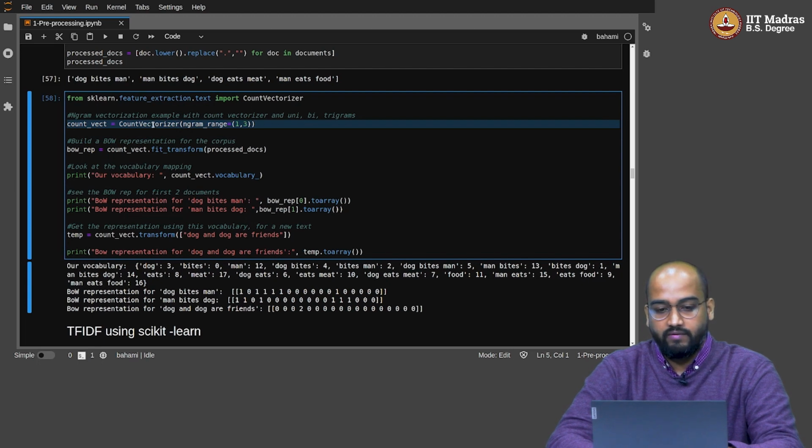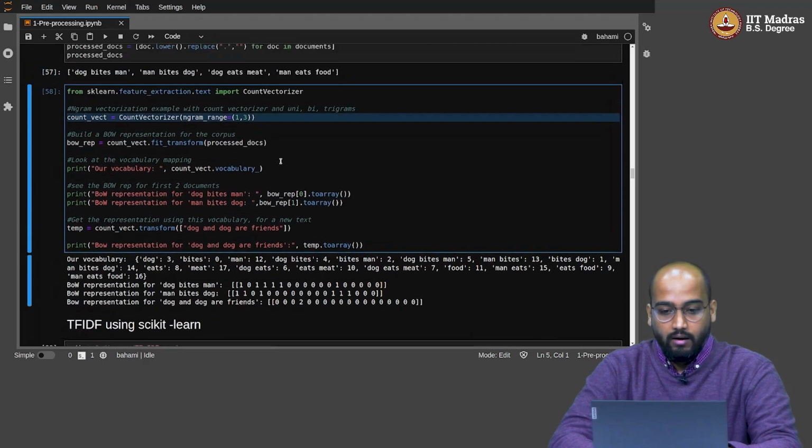In CountVectorizer, if you give an argument saying that I want to keep all the unique n-grams from the range of 1 to 3, that is equivalent to saying I want to keep unigrams, bigrams, and trigrams, right? So in such a case, using the same function, you can achieve that, right?